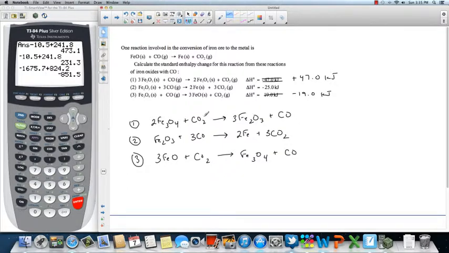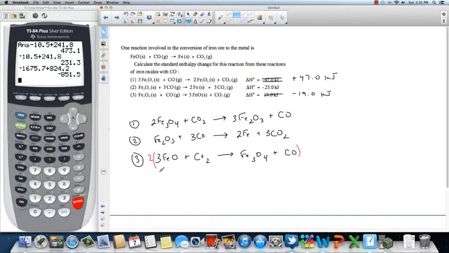Now we've got some things to look at down here. The things that we have to look at here are that we've got 2 Fe3O4s up here, and we've only got 1 down here. So we know we want to try to make that cancel. Again, we're focusing our attention on everything except for the CO2s and the COs because those belong to everything. So let's take that third reaction, the whole thing, and multiply it by a factor of 2.